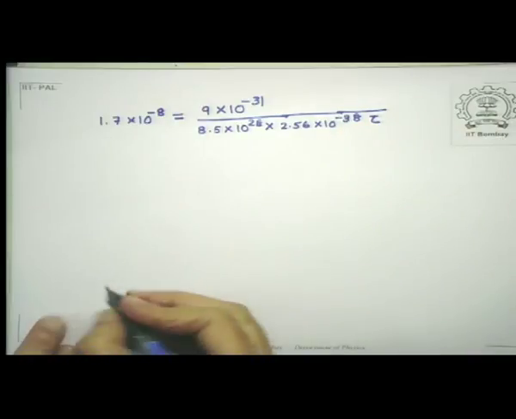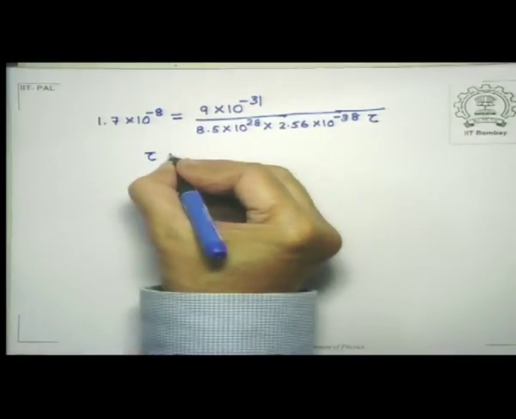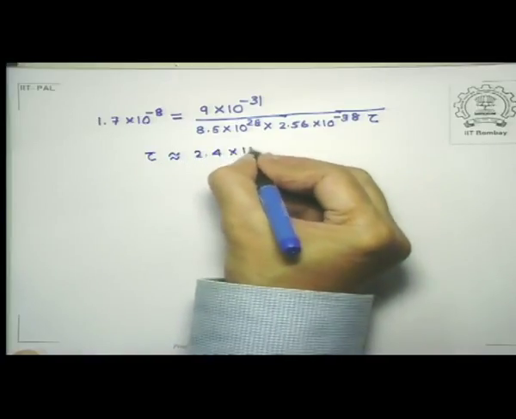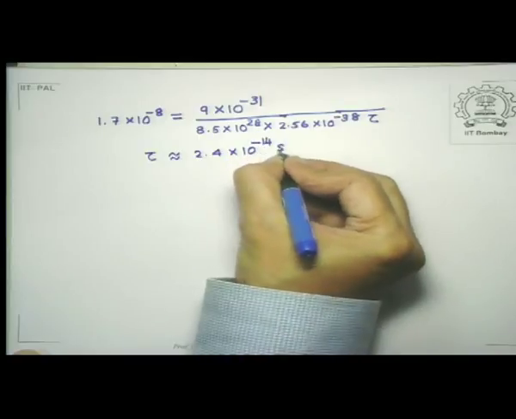So, take these numbers and calculate this, and you will find this is of the order of 2.4 into 10 to the power minus 14 seconds.